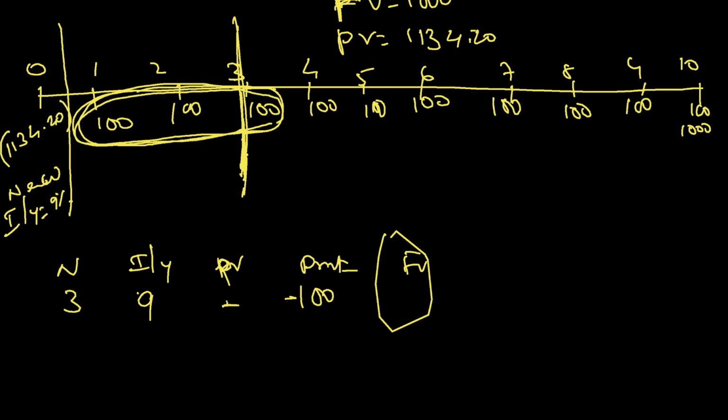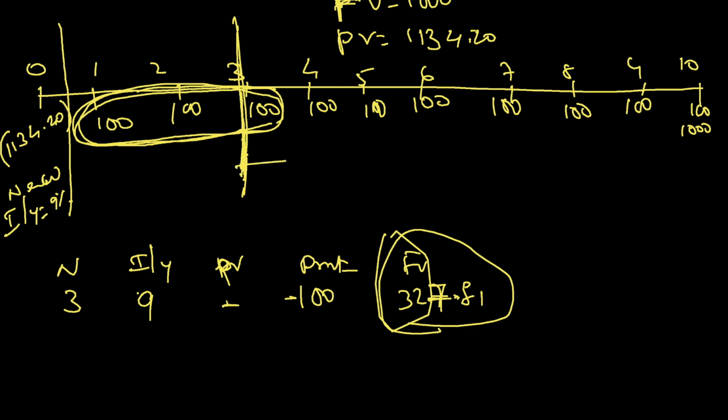So 3N, 9 IY, and then payment 100. Compute future value. It comes to 327.81.